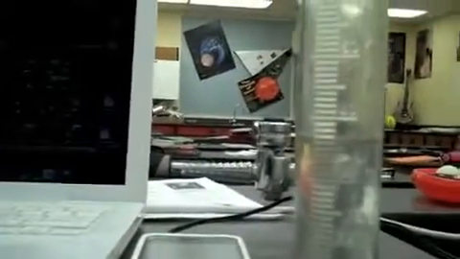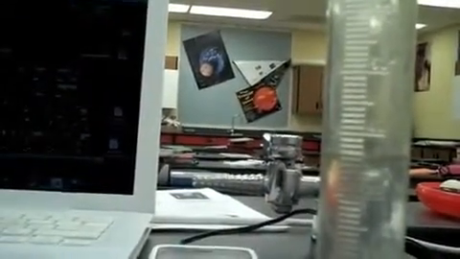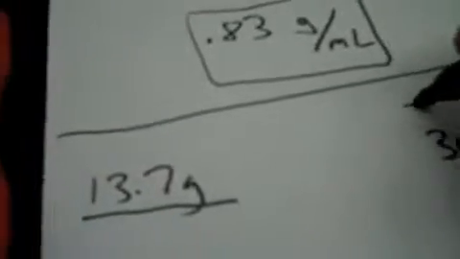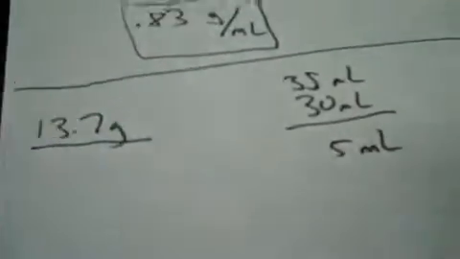And now it was at 30, and now it's gone up to 35. And so it started at 30 milliliters. It went up to 35 milliliters. And so my rock's volume is 5 milliliters.